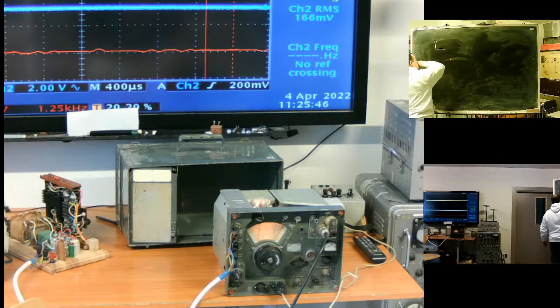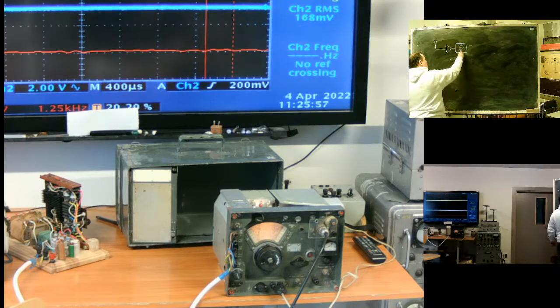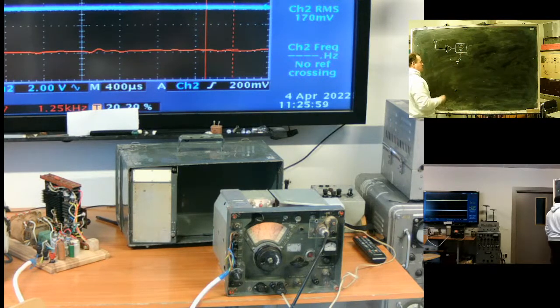The antenna signal goes through an amplifier, then a filter with controllable F0.